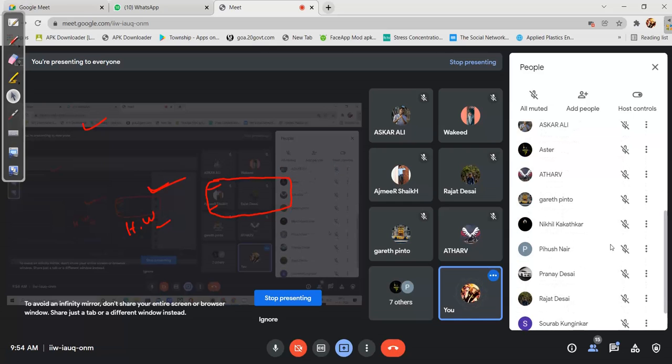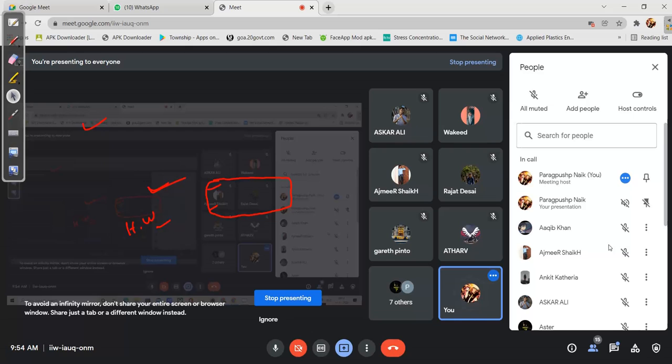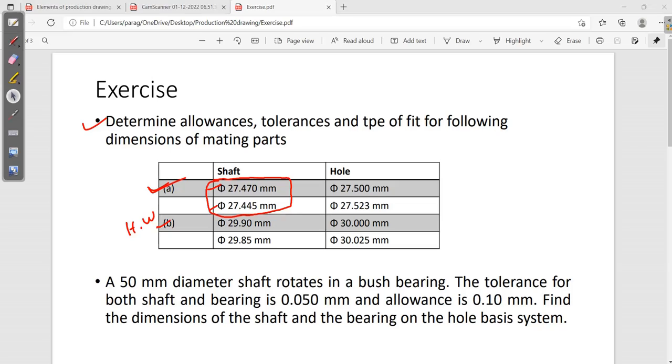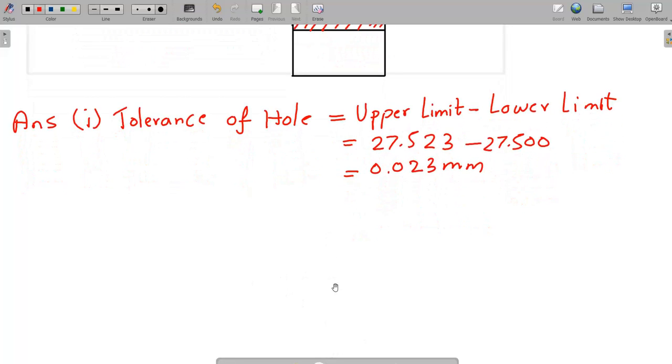Askar, Ankit, Piyush, Pranay, how much answer are you getting? So 0.023. Correct, exactly 0.023 mm. So already you have found the tolerance of the hole.